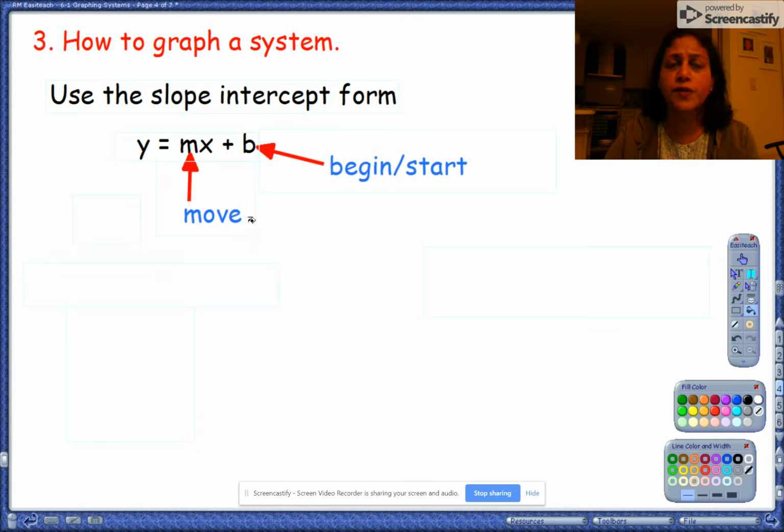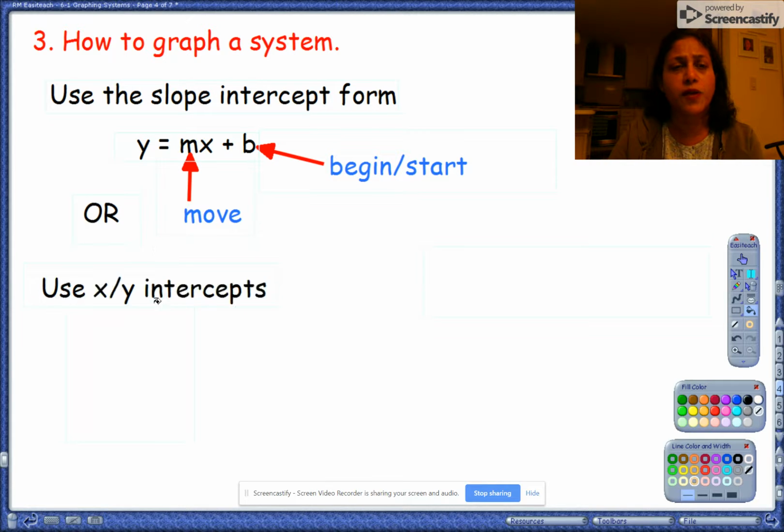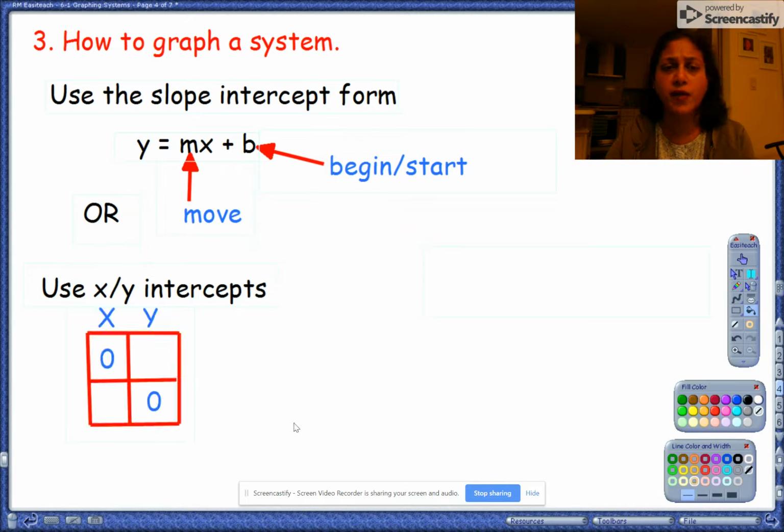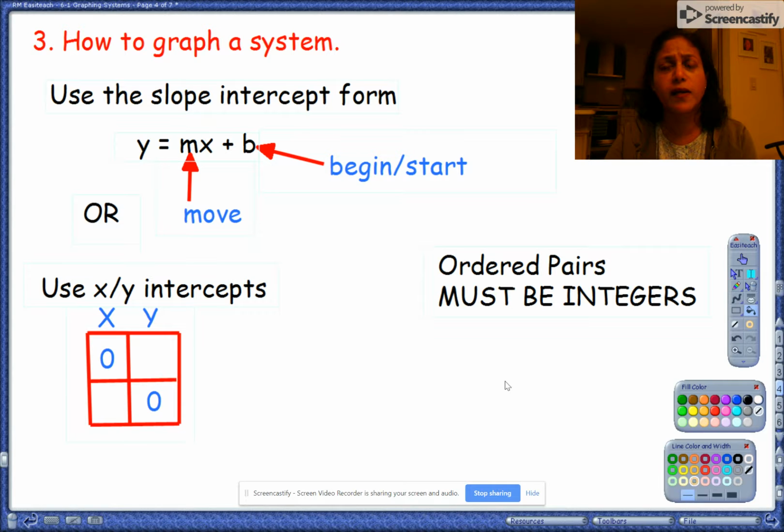The m is the slope and it tells you how to move. Or you could use the x and y intercepts by creating a box like this. But whatever you do, you always have to graph points that are integers. You cannot graph any ordered pairs that have fractions in them. So keep that in mind.